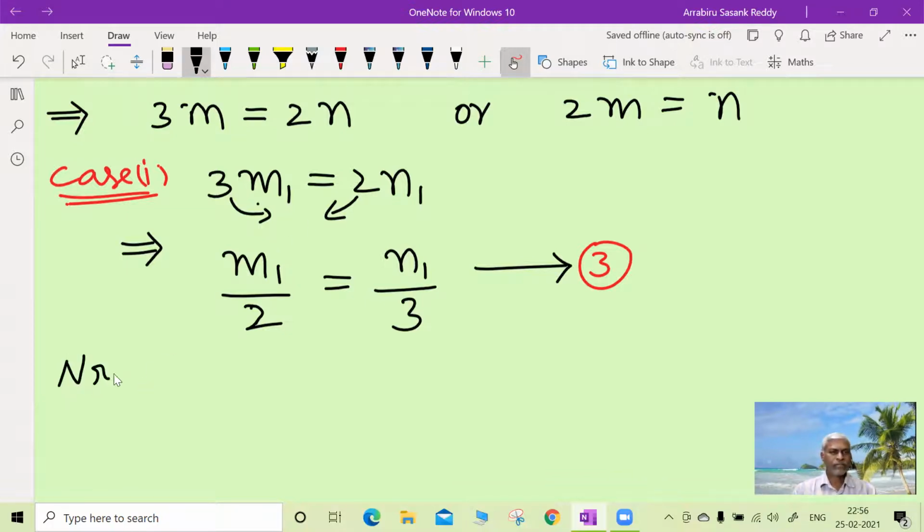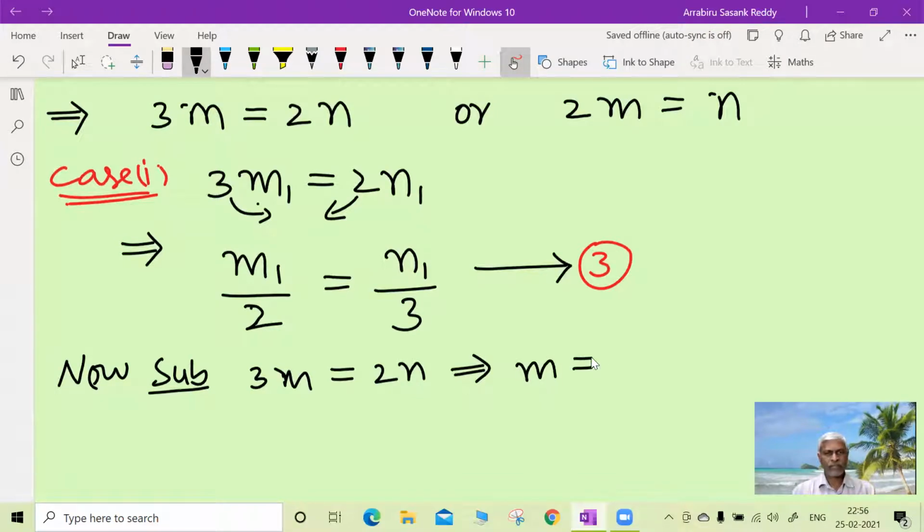Now substituting 3m is equal to 2n, or m is equal to 2n by 3, in equation 1.